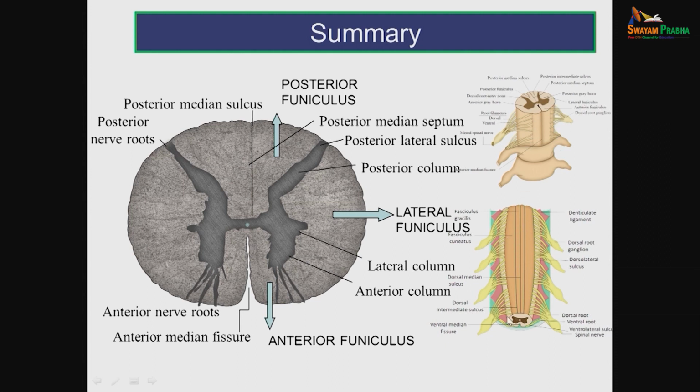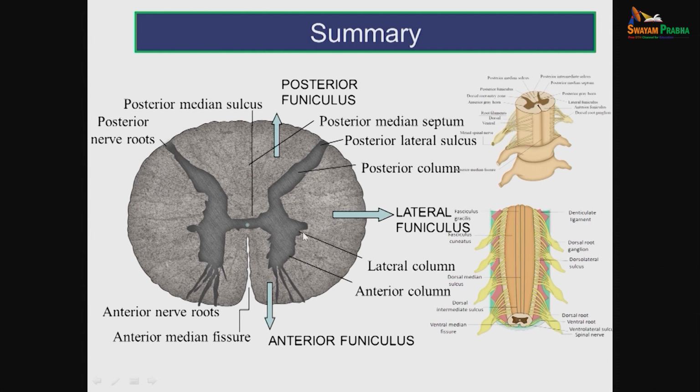And posterior aspect, we studied a posterior median sulcus, a pair of posterior intermediate sulcus, and a pair of posterolateral sulci. So posterolateral sulci is where your dorsal roots are emerging, and your anterolateral sulci is where your ventral roots are emerging. So these are the external sulci and fissures which are present in the cord.